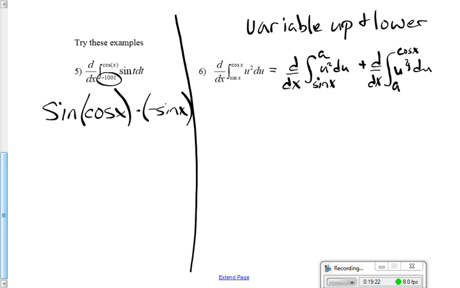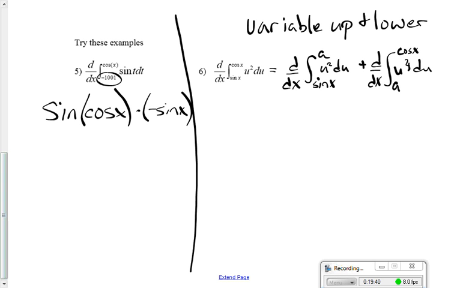As long as a is in between sine x and cosine x, that's good, right? So I'm just adding some constant in the middle to break up those 2 integrals.